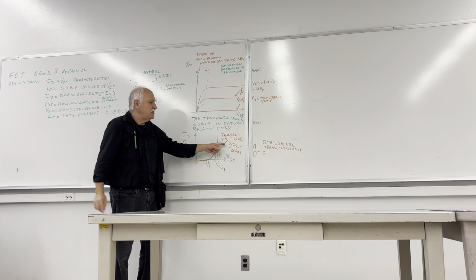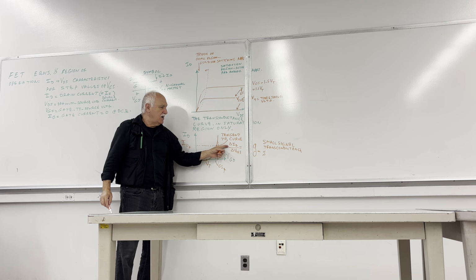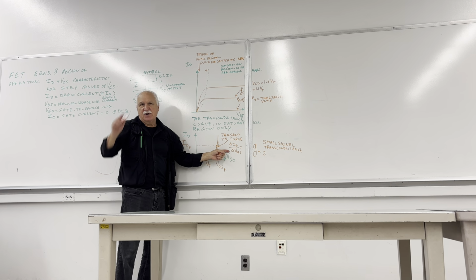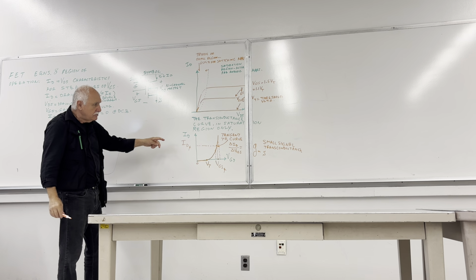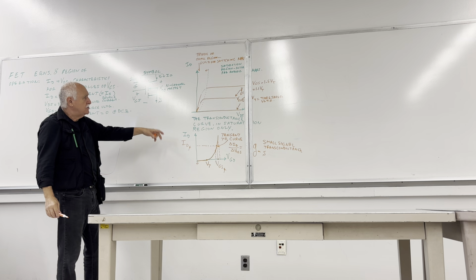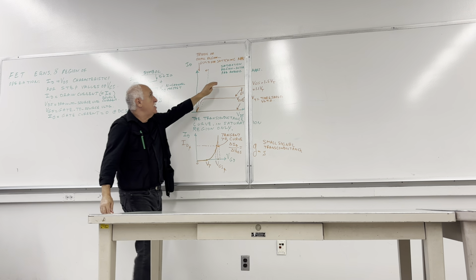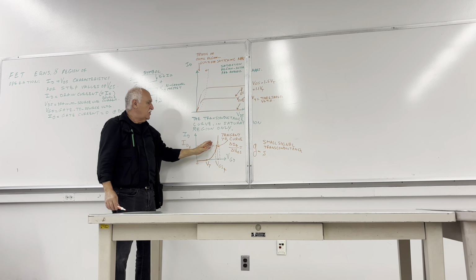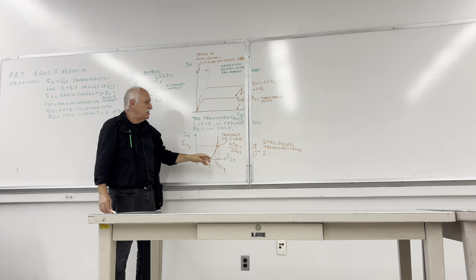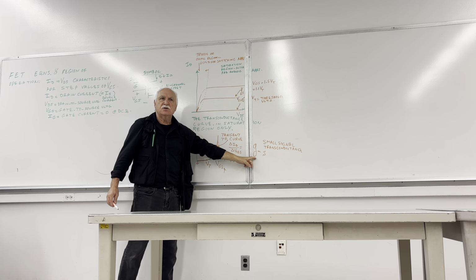So the delta ID will be substituted by a small ID, delta VGS by a small VGS in the model that we're going to derive. So this is the story. If you're operating here in the saturation region, this is your model. We can linearize it with a constant value.